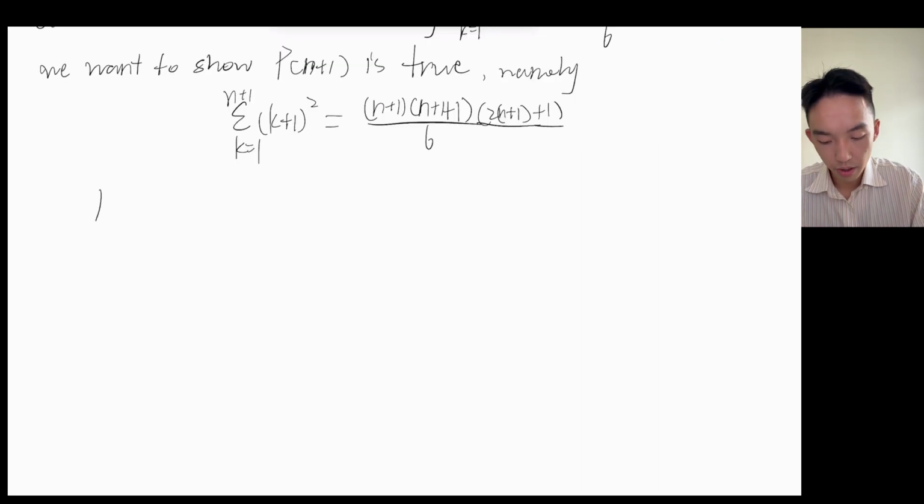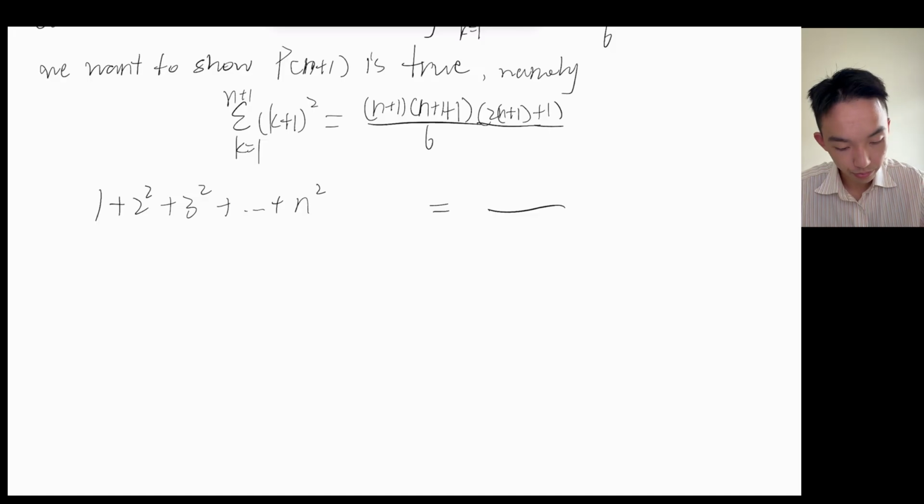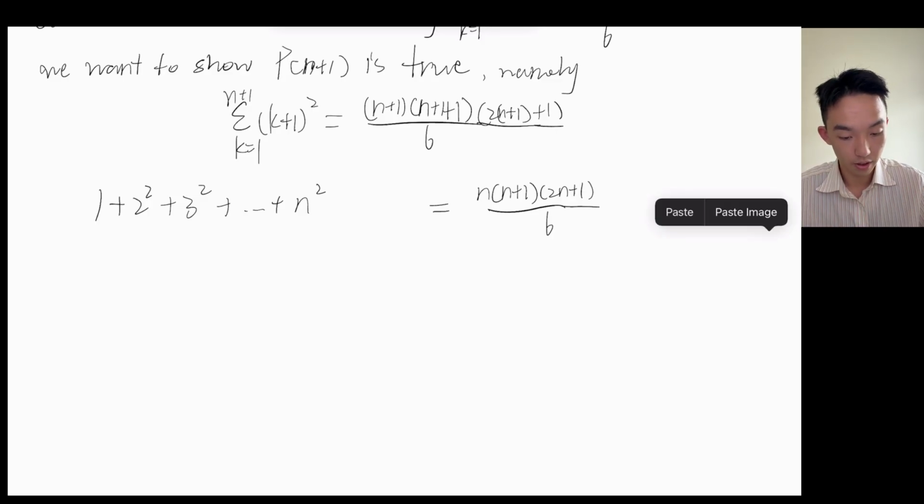Because we already know that 1 plus 2 squared plus 3 squared plus until n squared is equal to n times n plus 1 times 2n plus 1 divided by 6 by the induction hypothesis.